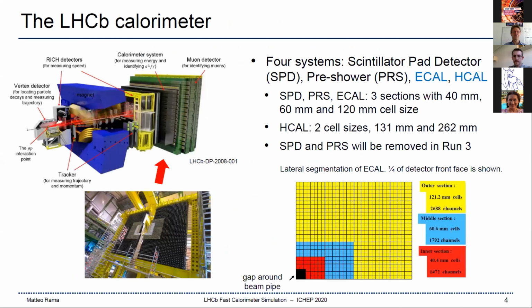On the left here, you can see a scheme of the LHCb detector with the red arrow indicating where the calorimeter system is placed. The calorimeter is composed of 4 subsystems: a scintillator pad detector, a preshower, and the 2 main systems, the electromagnetic calorimeter and the hadronic calorimeter.